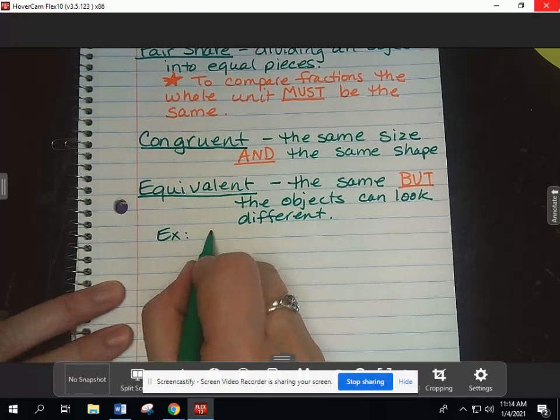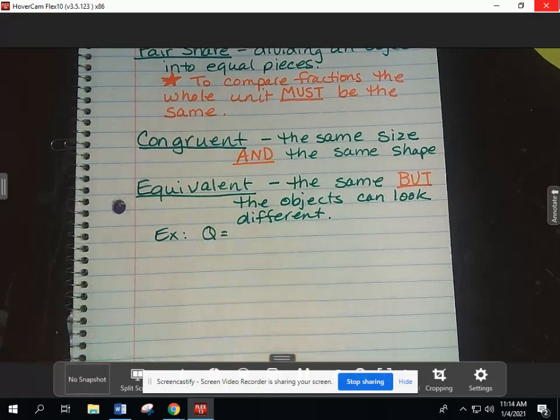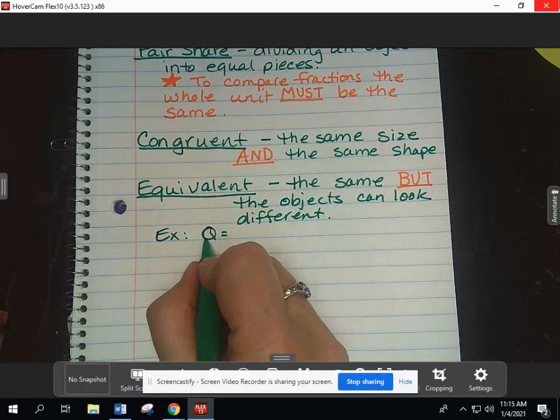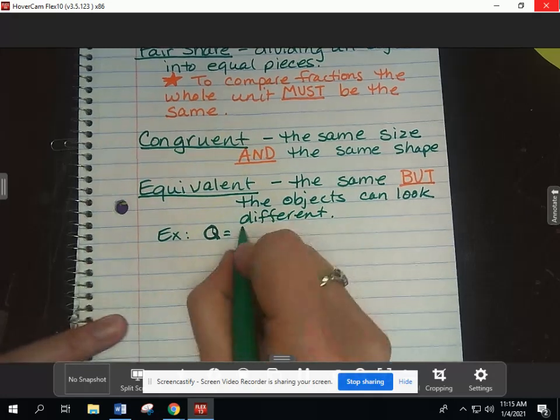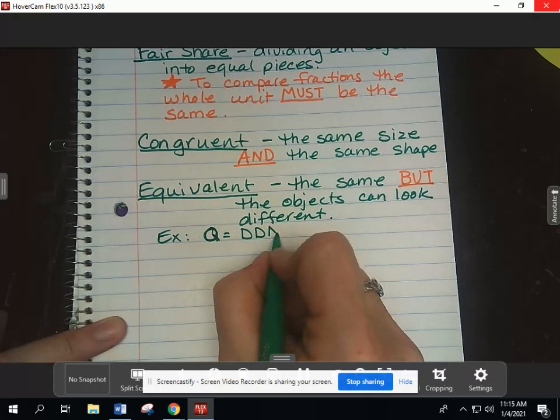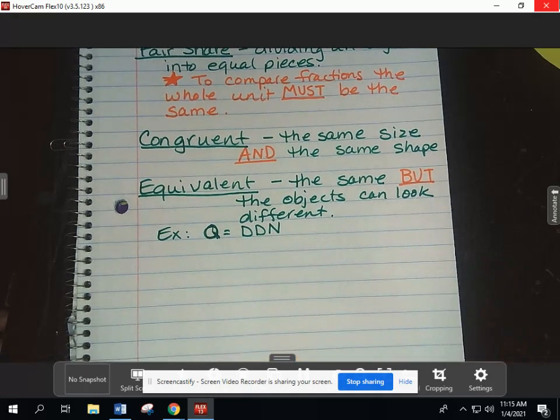If we think about a quarter, how much does a quarter equal? That's a Q. How much does a quarter equal, Reese? 25 cents. Okay, so if I gave you a quarter, you'd have 25 cents, right? What if I gave you this? 2 dimes and a nickel. Do you have 25 cents?